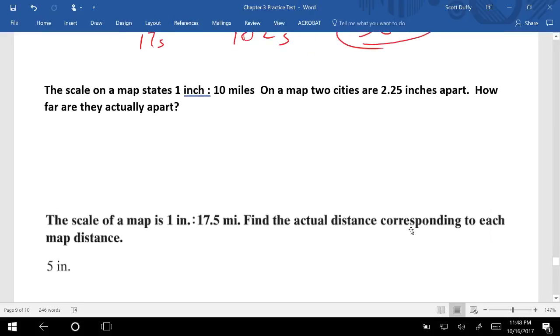1 inch to 10 miles. So 1 inch to 10 miles. 2.25 inches apart, to x miles.